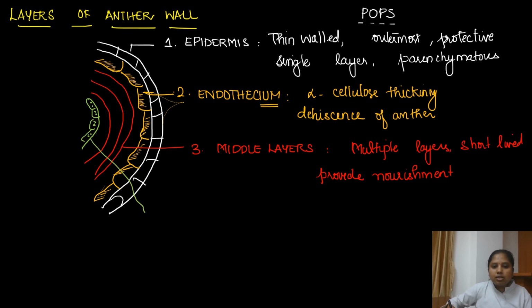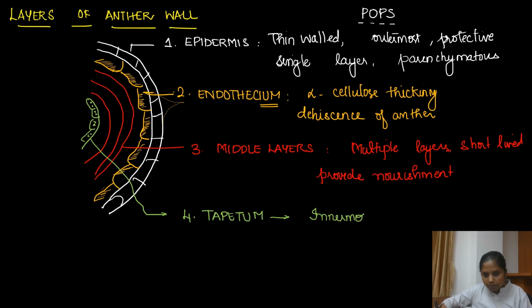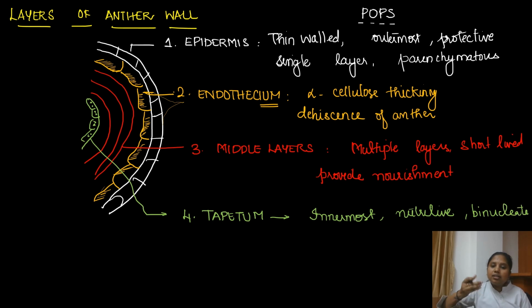The fourth layer, the tapetum, is innermost and nutritive. It is binucleate, meaning karyokinesis is not immediately followed by cytokinesis. That is when you have the binucleate condition.